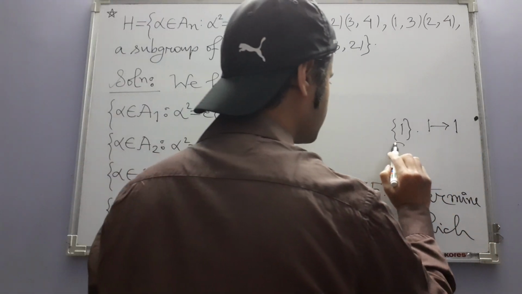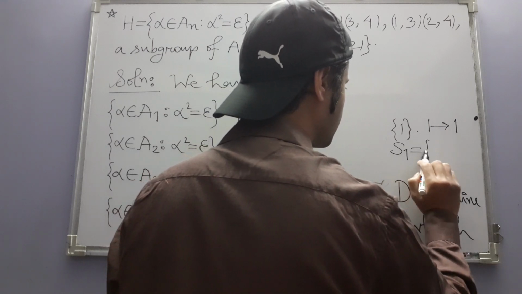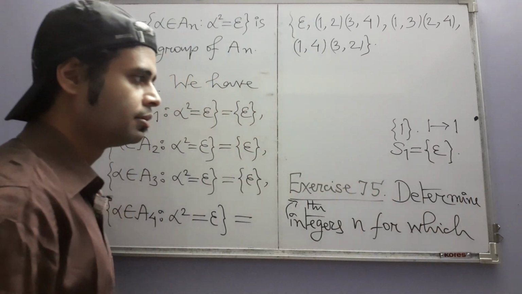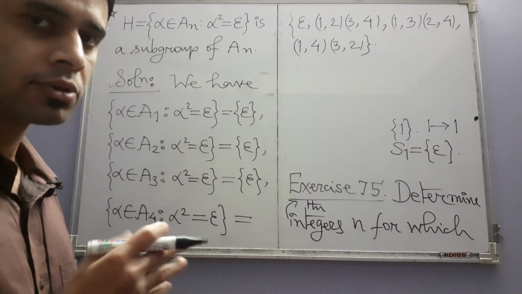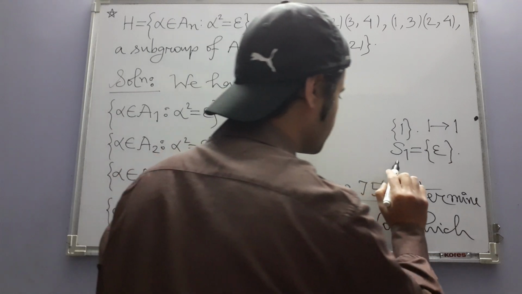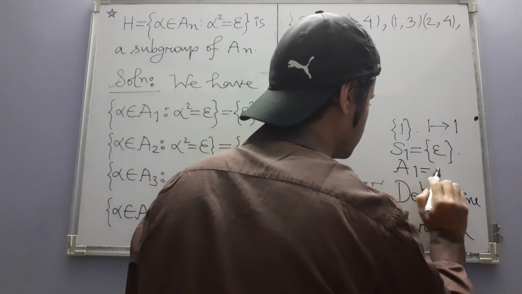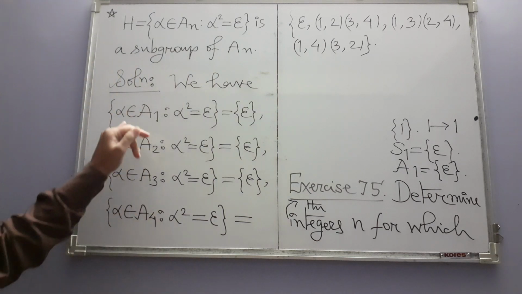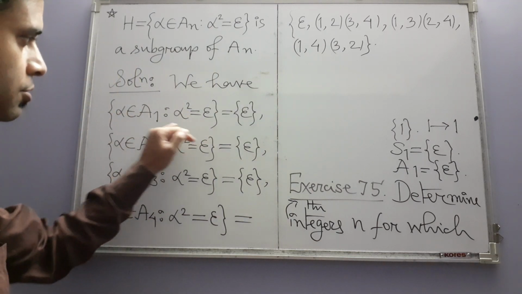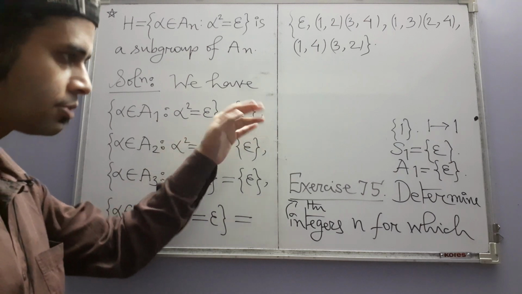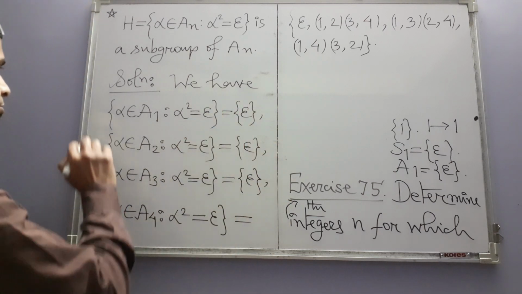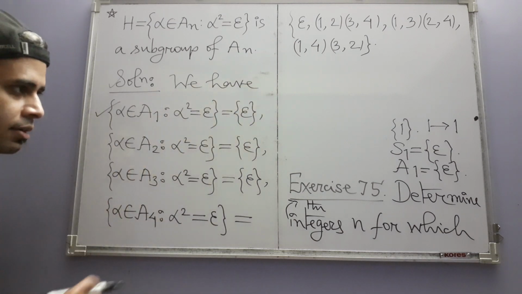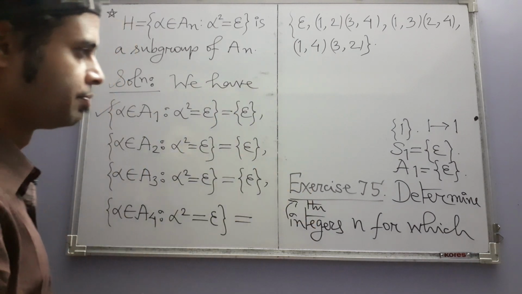And so S_1 consists of only that permutation, which is definitely the identity, and that identity of course is also even. So A_1 is this, and so the set of elements in A_1 whose squares equal the identity is also just that. So that's how we have this, and this is definitely a subgroup of A_1. In fact, it is A_1 itself. Okay.